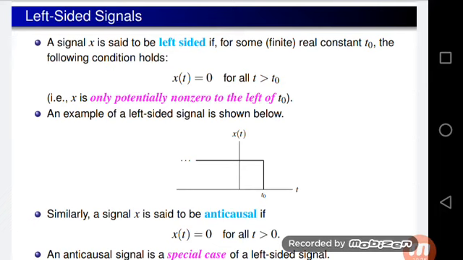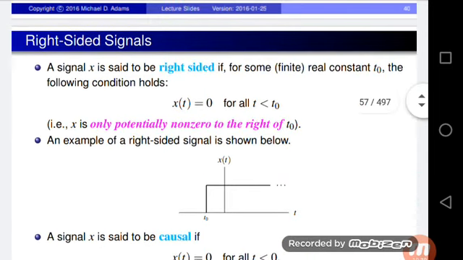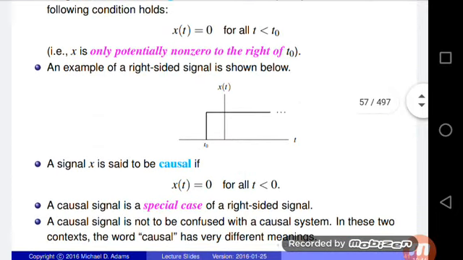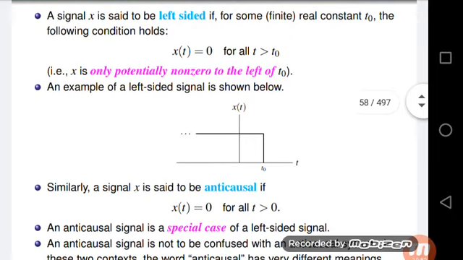These are different rules to apply when we are solving problems. For example, this is a right-sided signal, and this is a left-sided signal. In a right-sided signal, the signal propagates to the right, but in a left-sided signal, the signal propagates to the left. So these are the fundamental rules, and they are helpful for solving problems.